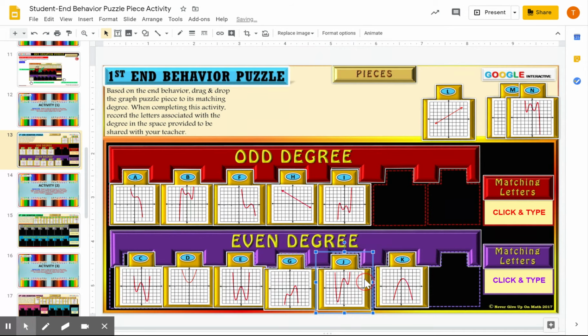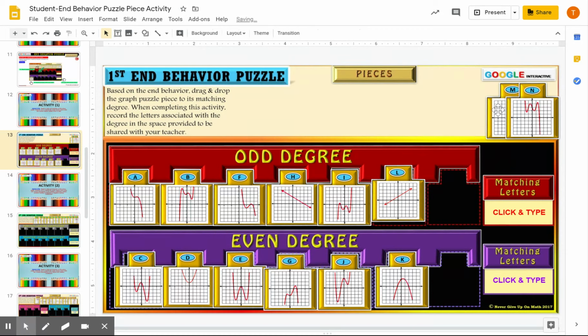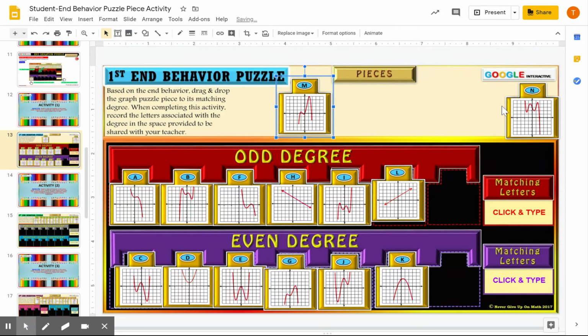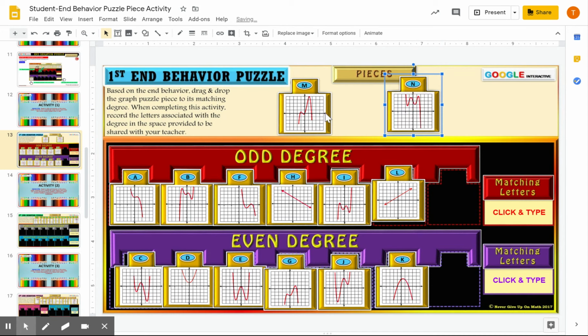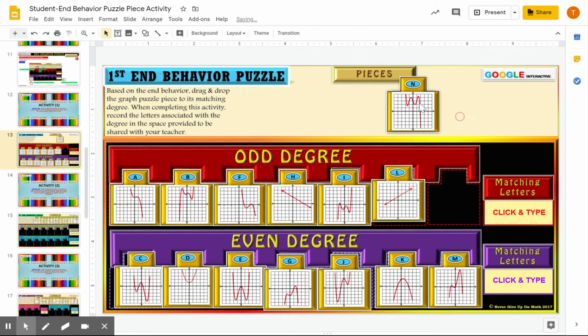This one is headed down on the left of the y-axis, and it's headed up on the right. So I want to put that with the odd because they're going in opposite directions. And lastly, M and N. M, they're both pointed downward, so that is even because they're going the same direction. N, they are pointed in two different directions. Up on the left, down on the right.